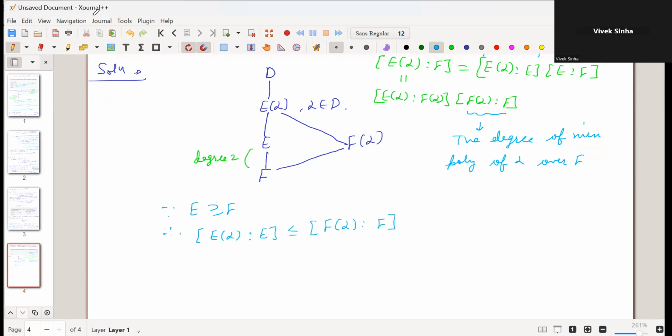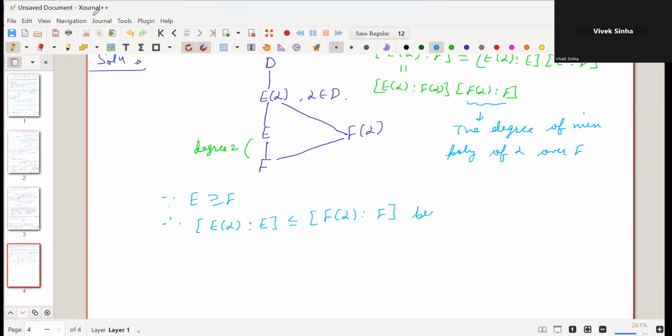Why? Because if a polynomial is irreducible over the larger field, that is E, then it is irreducible over F, because you cannot split it into factors as polynomials in E, and F is contained in E, which means you cannot split it in F either, right?